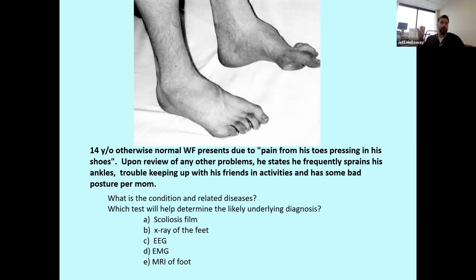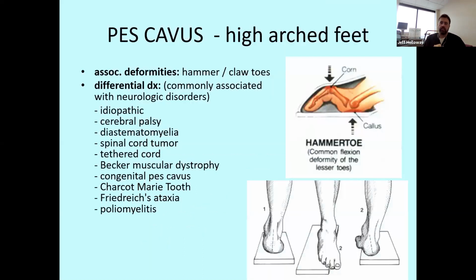It's actually more a musculoskeletal or muscular neuro problem. So this is where you get into doing an EMG to look at the peripheral nerves to see if they're affected. Because this kid actually has Charcot-Marie-Tooth syndrome. And so pes cavus, you see the hammer toes to kind of correlate. You can do a thing where you step on a little block to kind of show how the ankle sits.